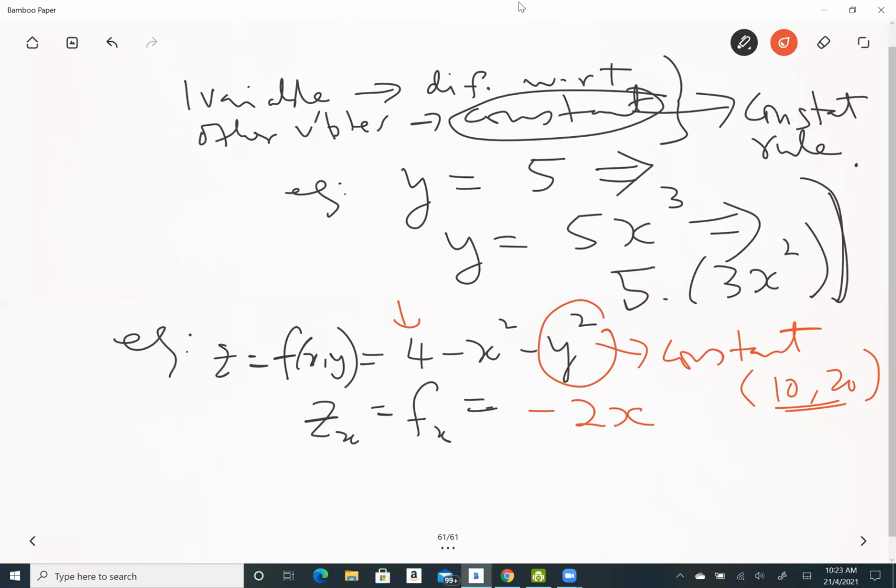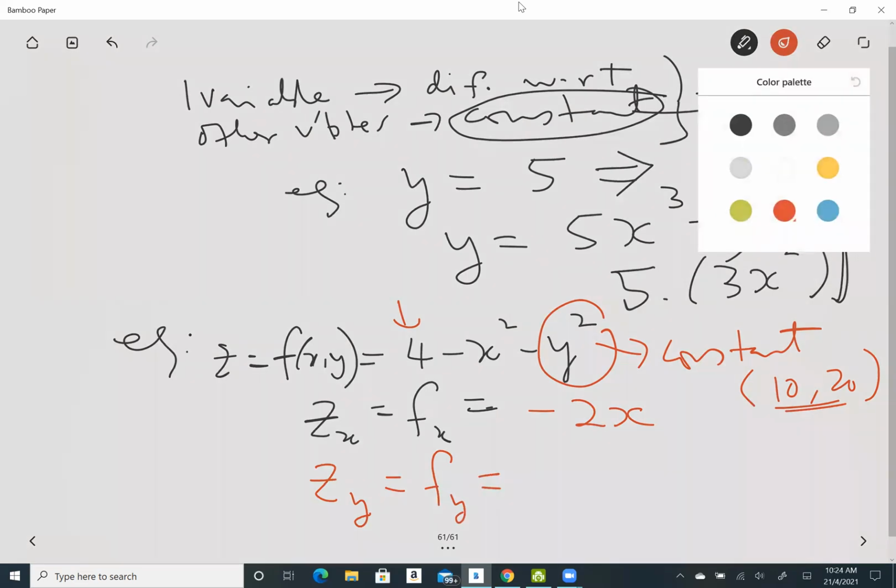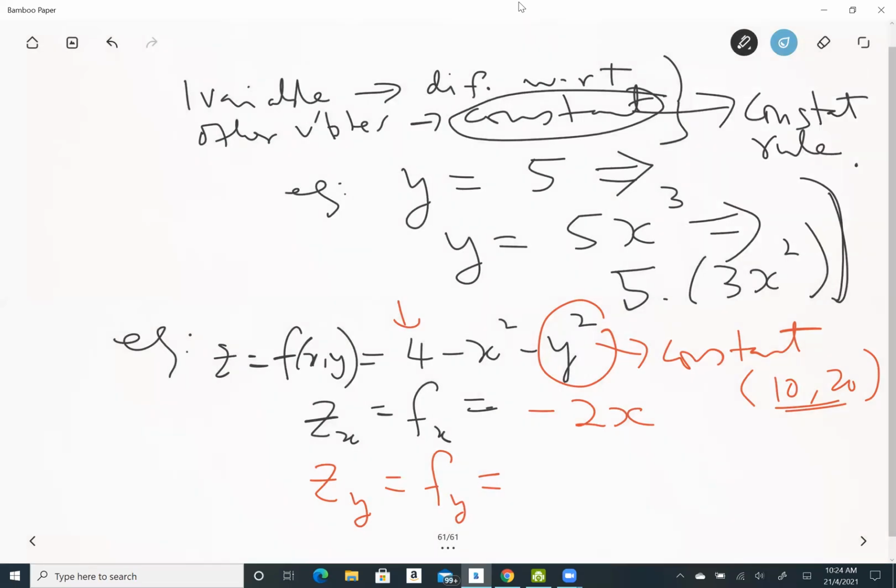Now, secondly, I take the derivative with respect to y. So you got fy or zy. So now, which variable is a constant? The x lah. So that is now a constant.